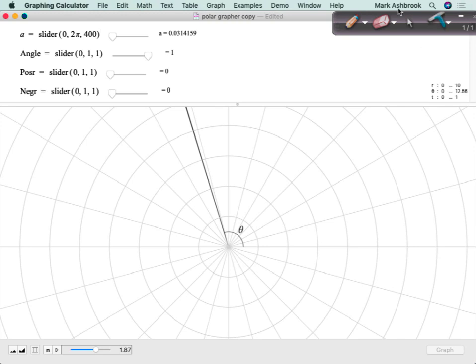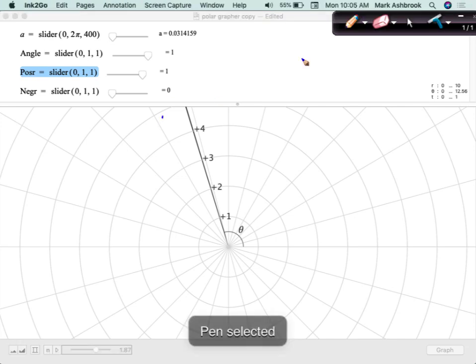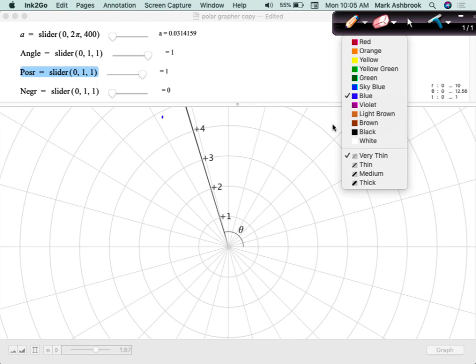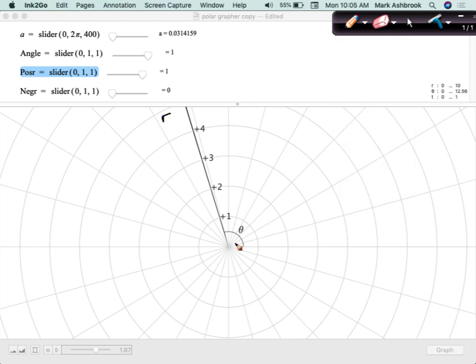And then in the direction of theta, think of your unit axis for r as being in the direction of theta. So now this is the r axis in the direction of theta.